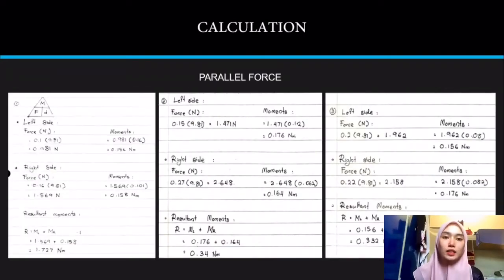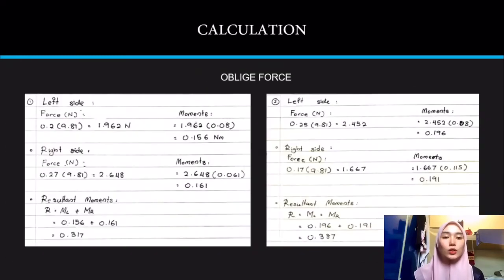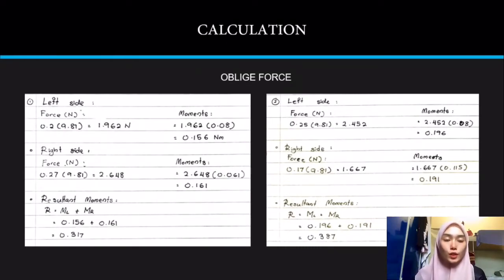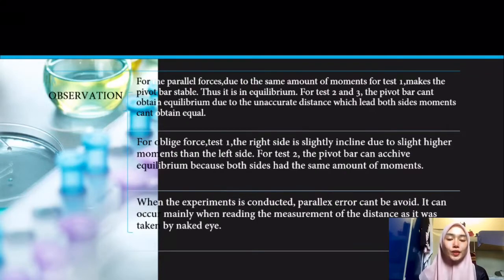For the calculation slide, we have parallel and oblique forces, which means three calculations: left side and right side, giving force and moments, and then the resultant moment. The next slide is about observation.